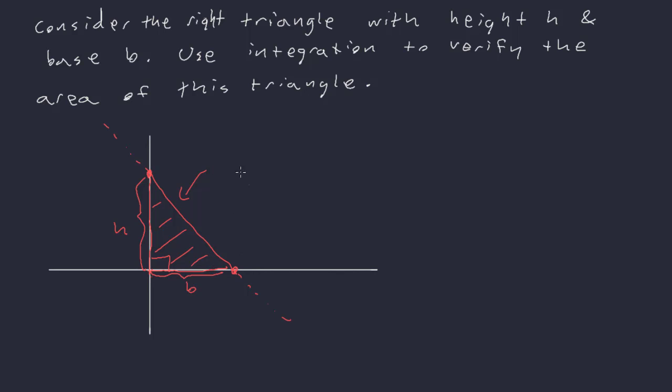Okay, so this line, well, it's going to be a linear function, right? And its y-intercept is h, right? So that's the y-intercept. And it's going to have a negative slope, and its rise over run is h over b.